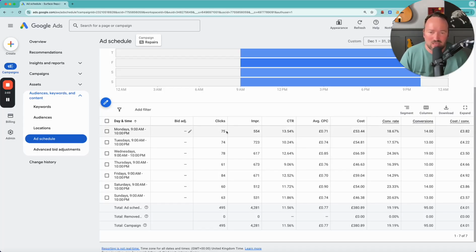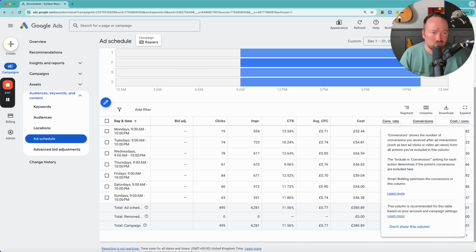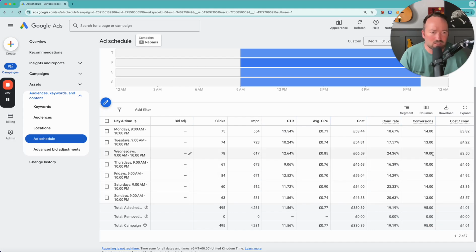The day with the most conversions was Wednesday. Wednesday got 19. The cost per conversion was £3.50, so it was the lowest cost per conversion as well. As I said before, highest conversion rate. So Wednesday looks like a really good day for this industry.